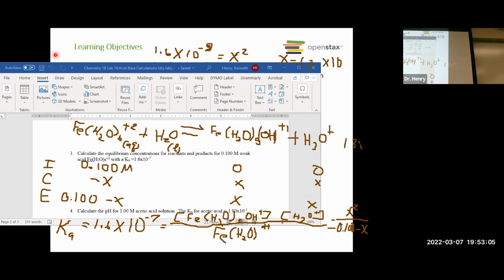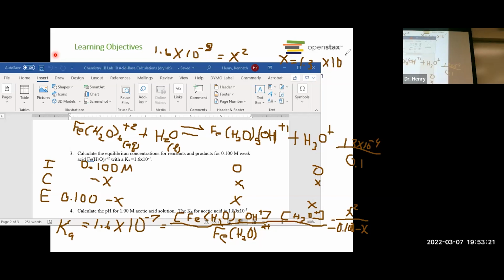So you put in that number, 1.3 times 10 to the -4 divided by 0.1. Yeah, you were really good.